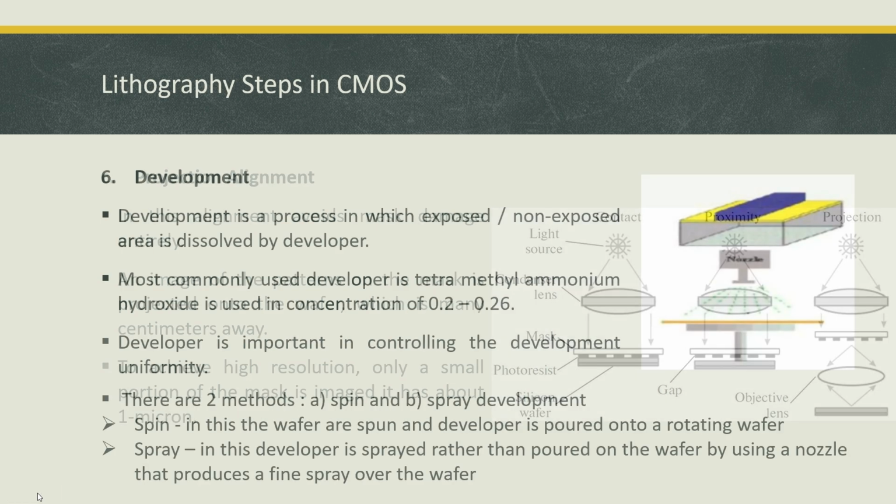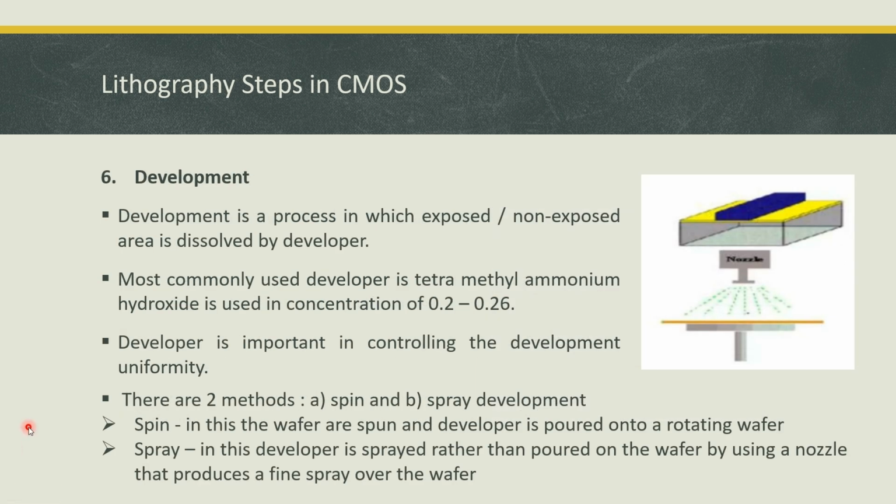After that, the sixth step is development. Development is the process in which the exposed or non-exposed area is dissolved by the developer. In the diagram, we can see a nozzle which sprays or spins the solution onto the silicon wafer.